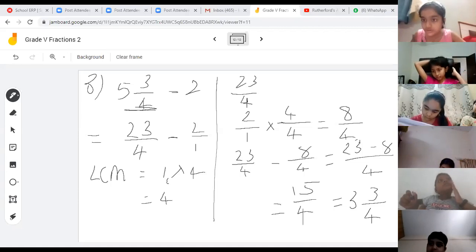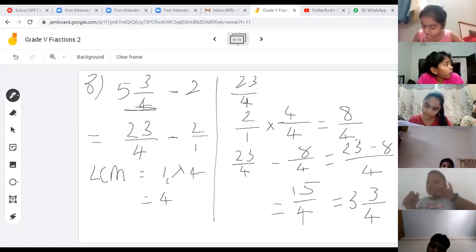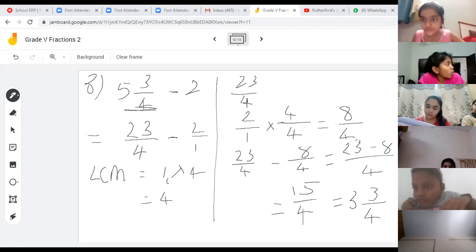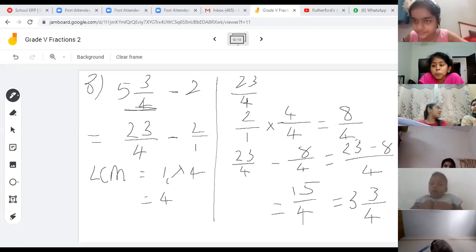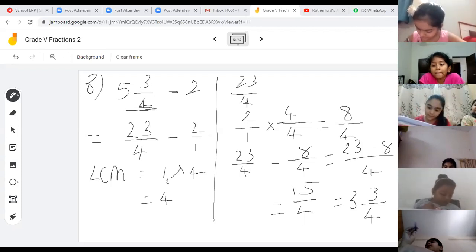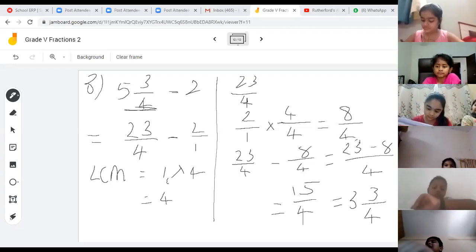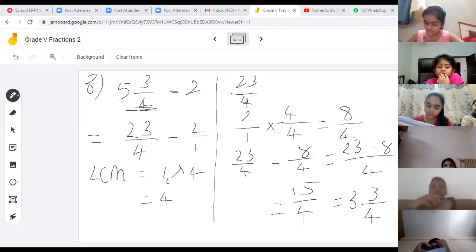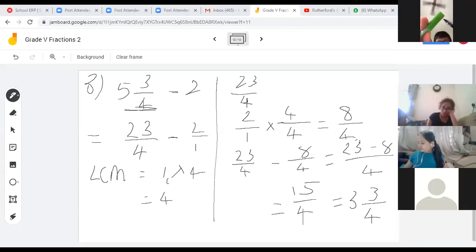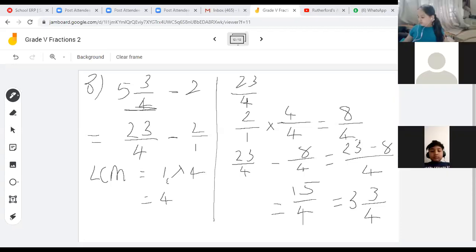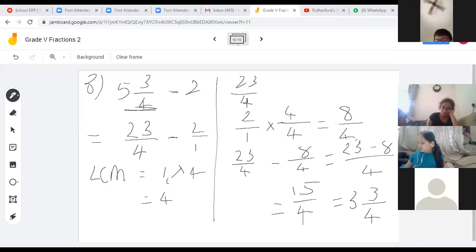Now since we have understood proper fractions, improper fractions, mixed fractions, whole numbers, what is the most important part when adding or subtracting? Shlok, pay attention. Dwij, you also pay attention. First of all, you must make sure that the denominator is the same, that is, they are like fractions.